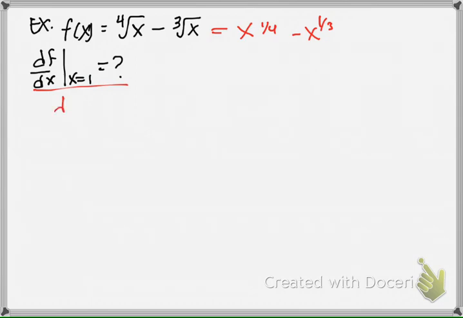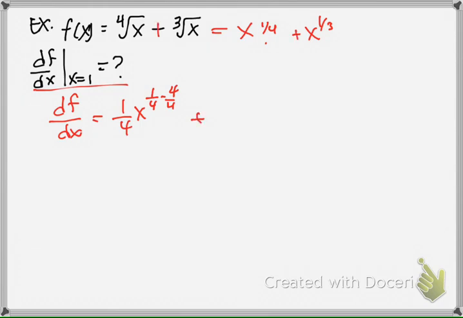So we will write df dx would be equal to, here my n is 1/4, so I have 1/4 x to the 1/4 minus 1, which I'll write as 4/4, plus, I think this is supposed to be a plus, so let's make this a plus.